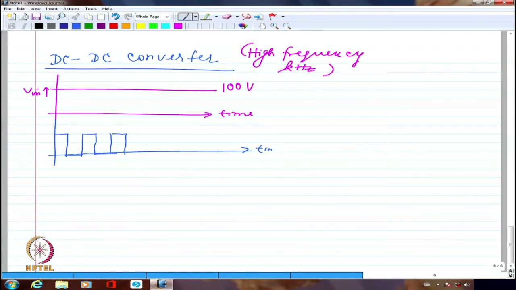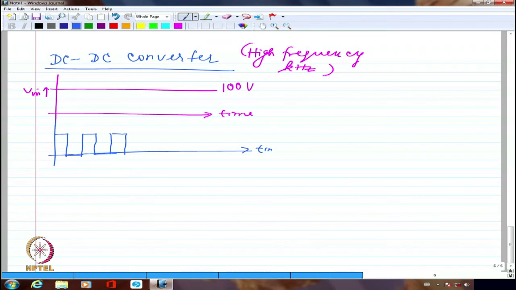So when I do on-off control like this, and if I do it pretty fast, if I am applying it, for example, to a DC motor, it may not realize it is not getting any voltage. The current will start coming down, but because of the inductance present in the DC motor, and I may add some inductance in my circuit, the current will increase and decrease, but the ripple may be limited, which will indirectly give me 50% of the voltage as the output.